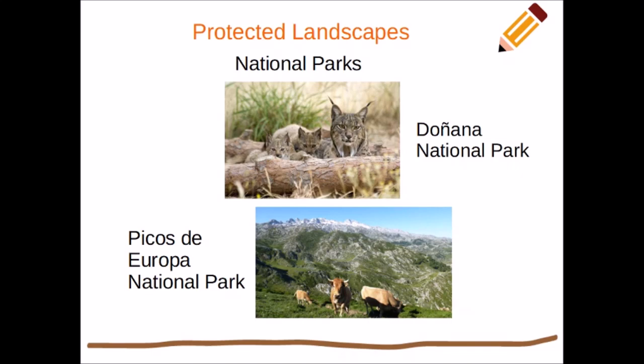Very cute. And we have these national parks to help protect the land, to help protect the animals like the Iberian lynx, and to protect the plants. So that way this land stays wild, it stays natural, it doesn't become developed, it doesn't become a city. It's a beautiful park full of nature.